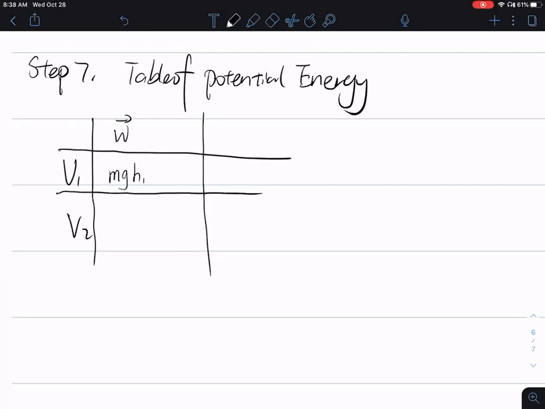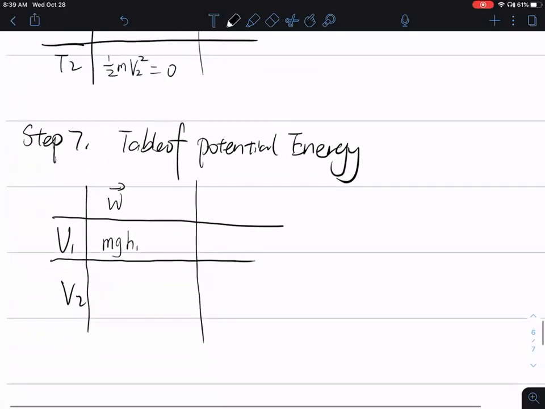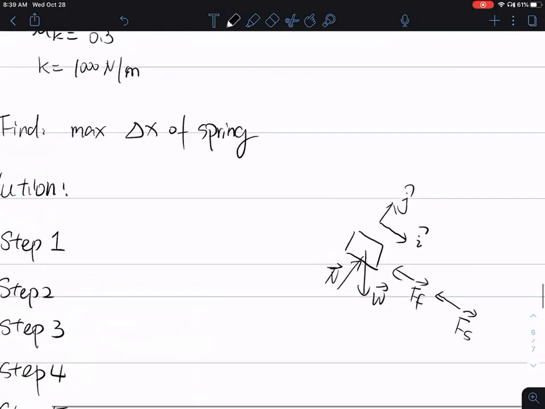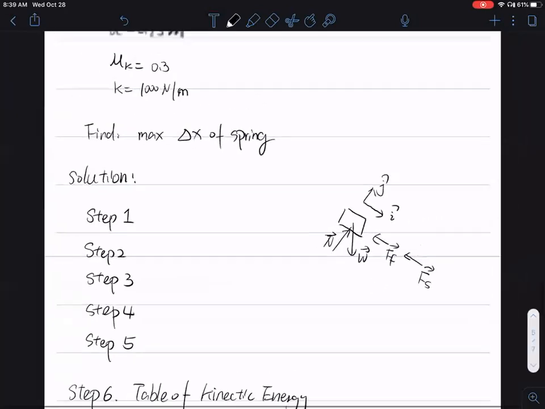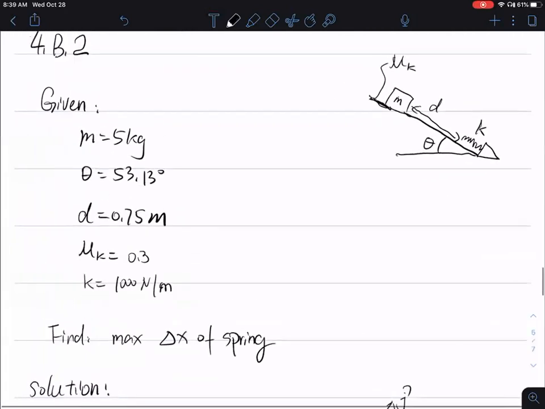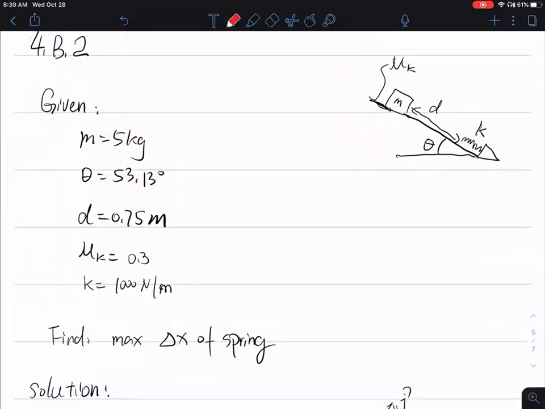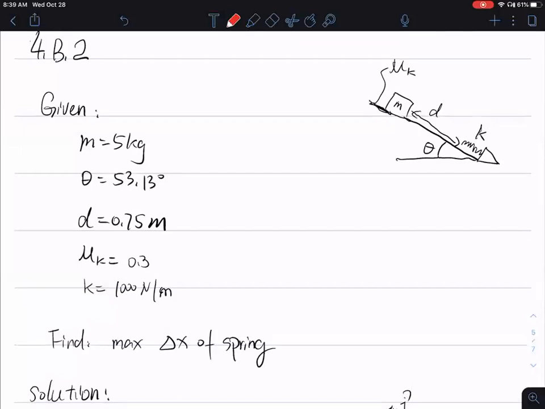Remember last time we had a discussion? What is the potential energy of that remote control? It depends on where you set up your reference point, right? So before you do step 7 to calculate potential energy, go to the diagram to set up where your 0 reference point is. So in this case, where do you want to set up the 0 reference point on this diagram?